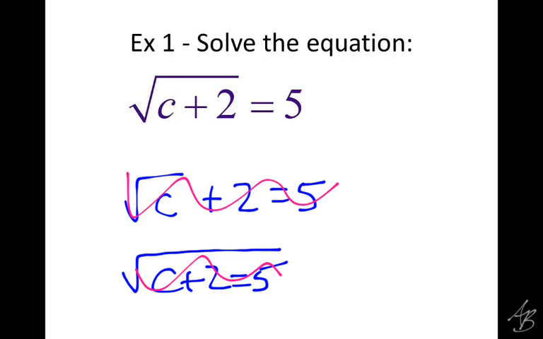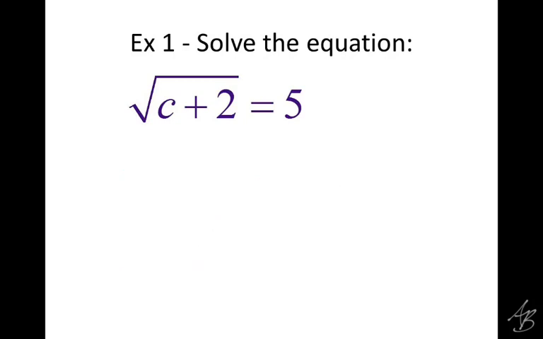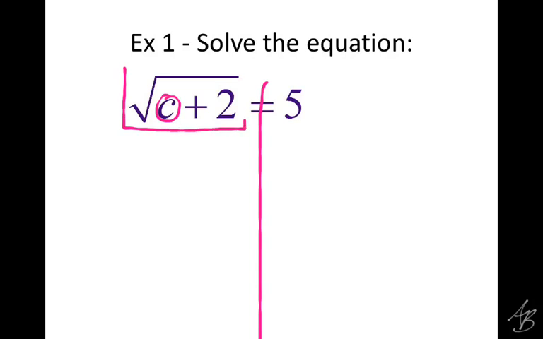All right, so there are 3 things we're going to do to get started with this equation. The first 2 are the same things we've been doing: circle the variable, draw the line of equality. But then what's the third one, the new one for this? We're going to put a box around the square root. Notice that it's going around the square root and also everything inside of the square root. That's a reminder that I need to get the square root by itself before I can get rid of it.